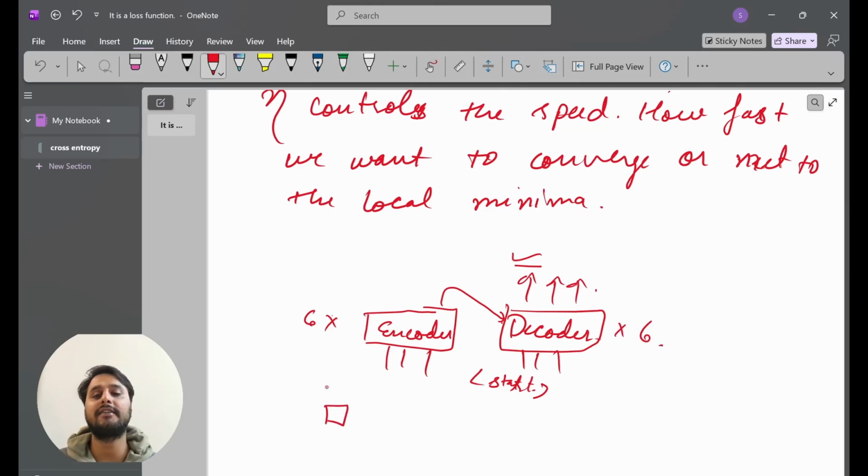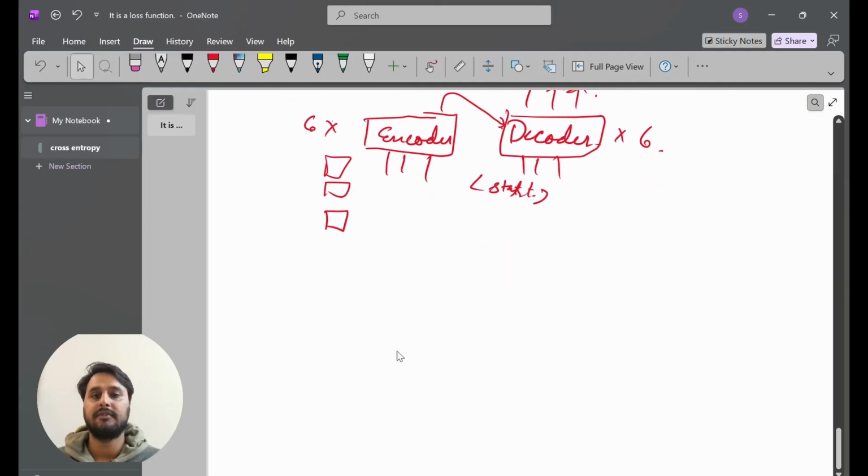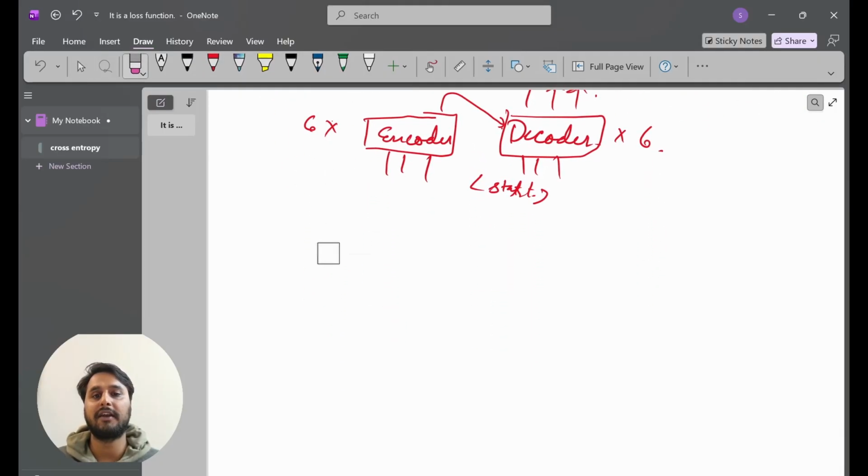So let me write neatly: one encoder block, second encoder, and it goes up to six encoders.